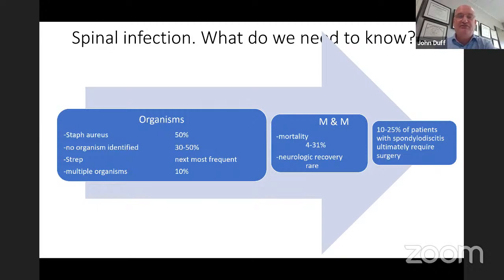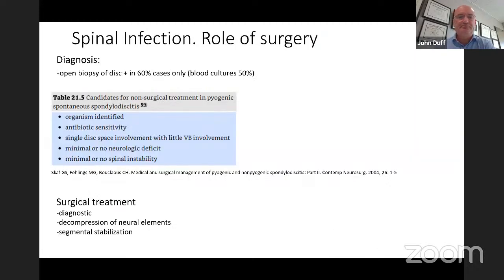So the prognosis for neurologic recovery is poor. And if you look at the overall management of these patients, and it varies geographically from country to country and geographic area and so on, anywhere from 10 to 25% of patients with this disease ultimately require surgery. So the majority are treated medically, and a certain amount are treated surgically.